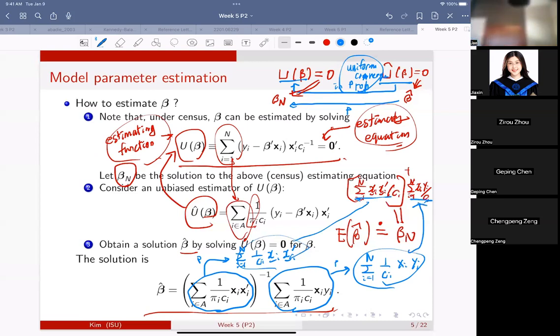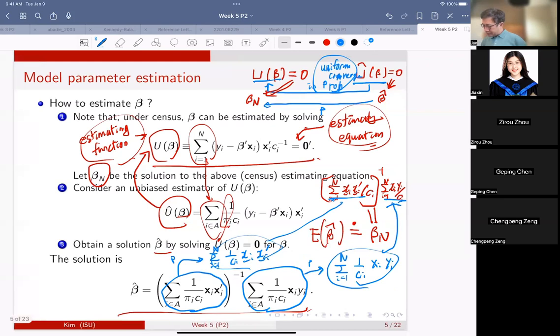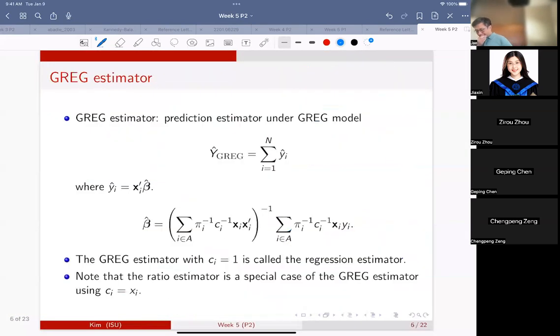So each component will converge, so maybe asymptotically the limit will have this. So the Gray estimator can be defined as a prediction estimator on the Gray model. That is simple.